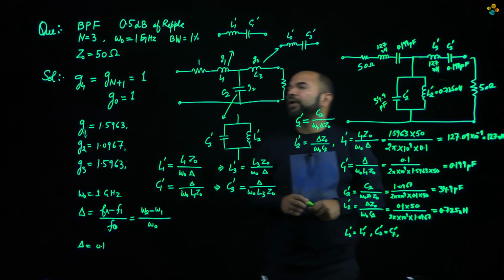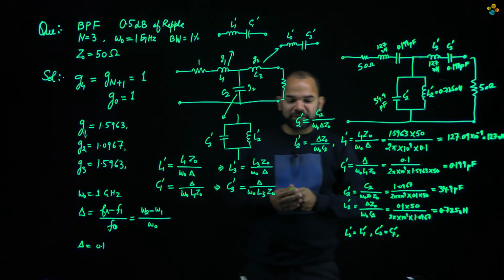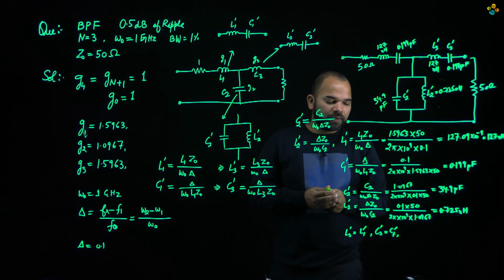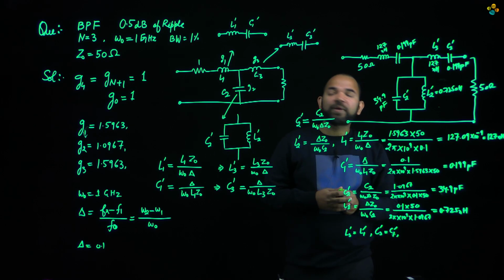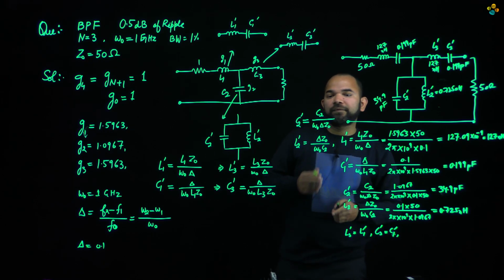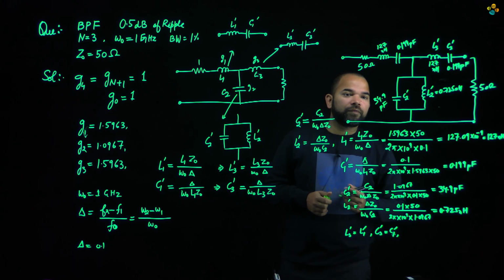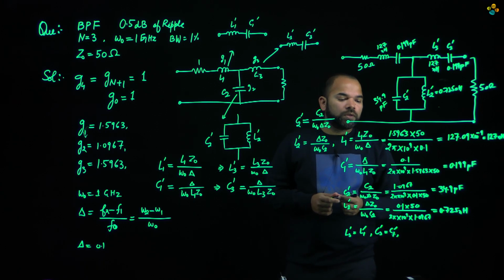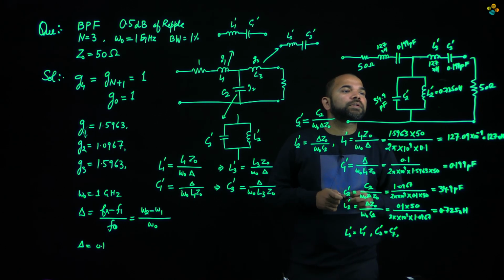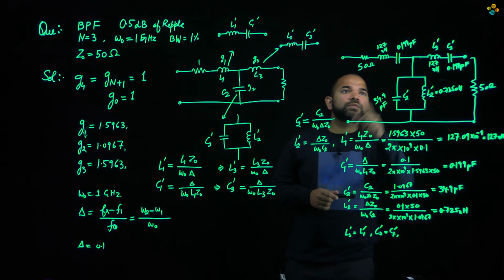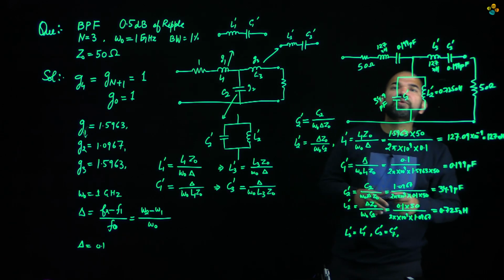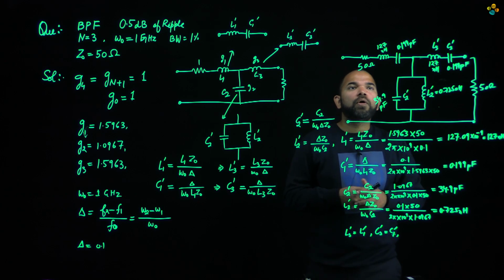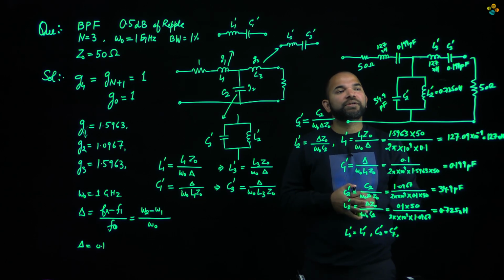Unlike the low pass filter, which had a cutoff frequency, here we have a center frequency for the bandpass filter. So this completes the design procedure. The next step is to take these values to any simulator and try to plot the frequency response of this filter.